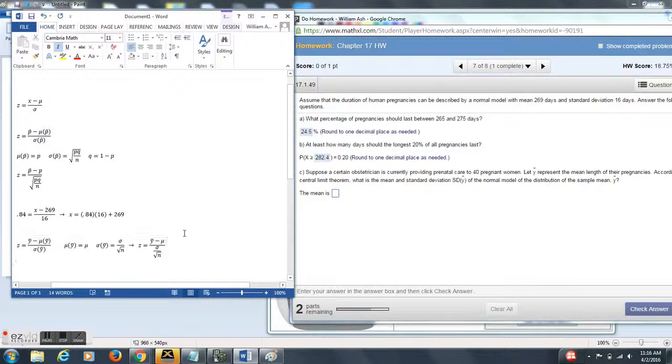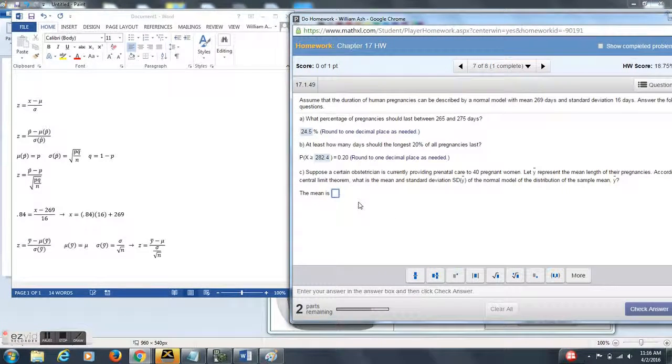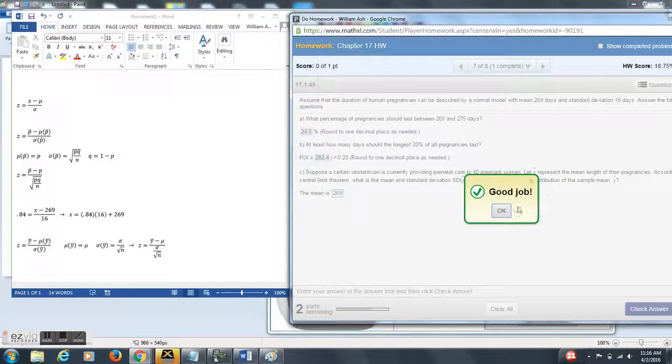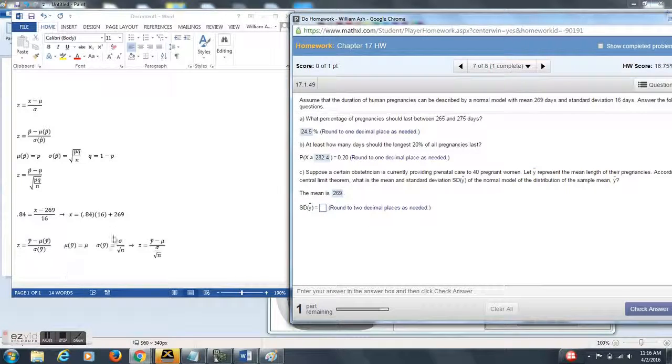So in our case, n equals 40, but same mu, same sigma. First I want to know the mean. The mean is the same mean, and the standard deviation is just this: whatever the standard deviation was, 16 over the square root of 40.